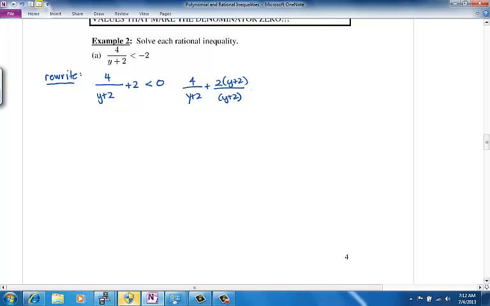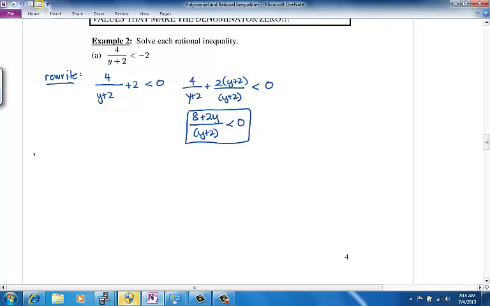Multiply by a form of 1. So that's going to give me 4 plus 2y plus 4. So 8 plus 2y over y plus 2 is less than 0. And that's the inequality I want to work with.